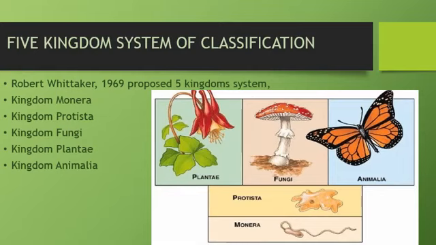Fungi were placed in kingdom Fungi. All the green eukaryotic plants were placed in kingdom Plantae, and all unicellular and multicellular animals were placed in kingdom Animalia. All the discrepancies left in the two-kingdom system were removed by the five-kingdom system of classification.